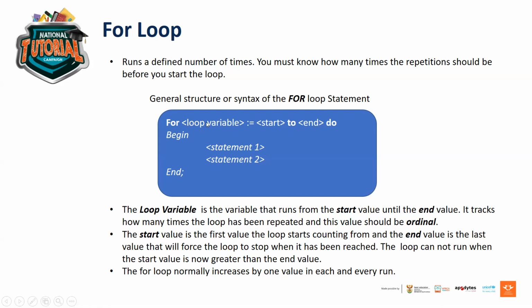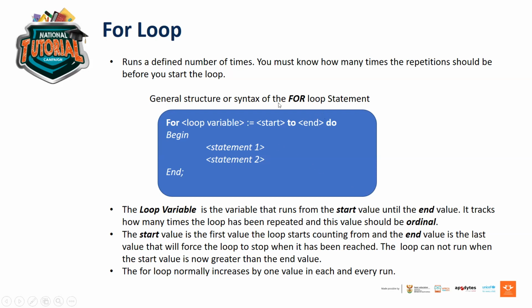If, for example, I said for ik colon equals 1 to 5, do, it will always start from 1, go on to 2, to 3, to 4, and up to 5. It will never skip until you actually change the statement and tell it to use a step. It follows the normal sequence that we know: we count 1, 2, 3, 4, up to 5.